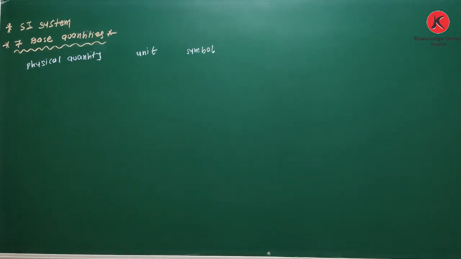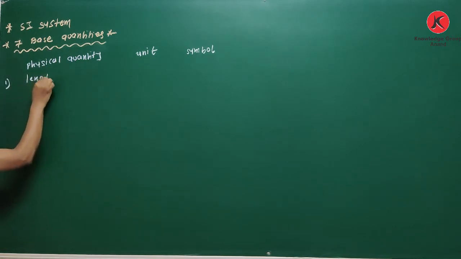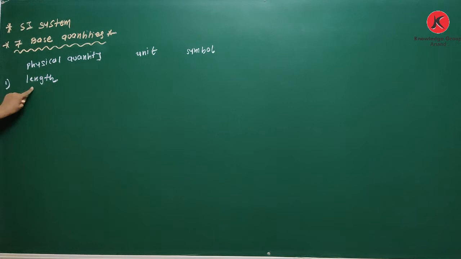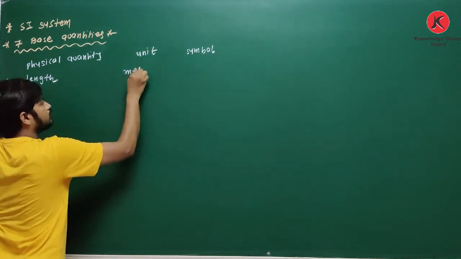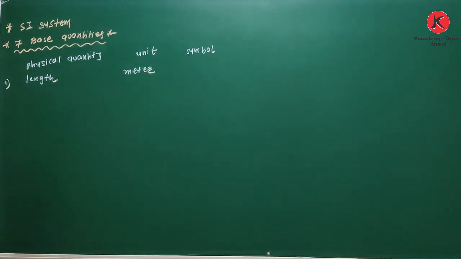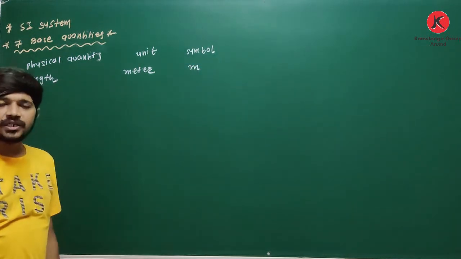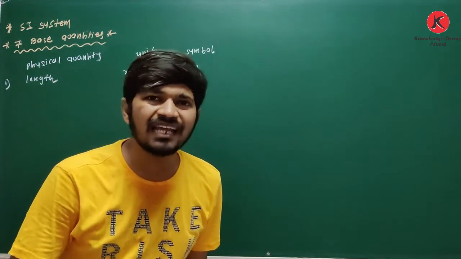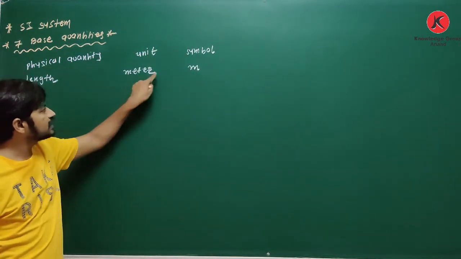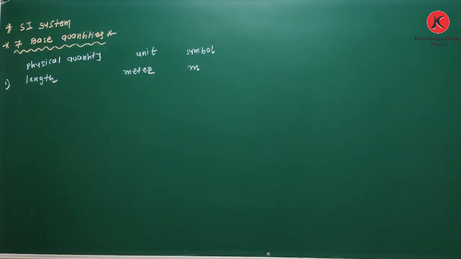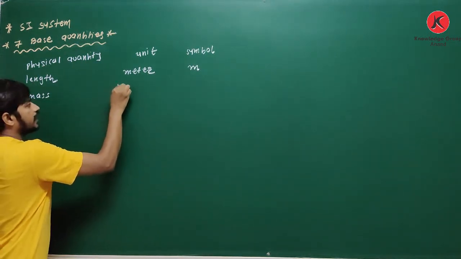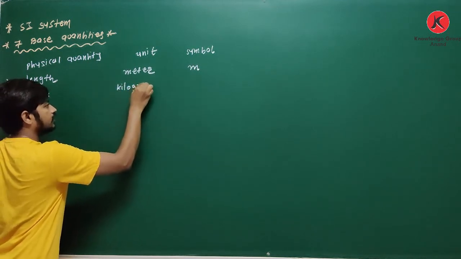First physical quantity is length, and its unit is meter, which is denoted by symbol small m. Always meter is indicated by small m. Second physical quantity is mass.